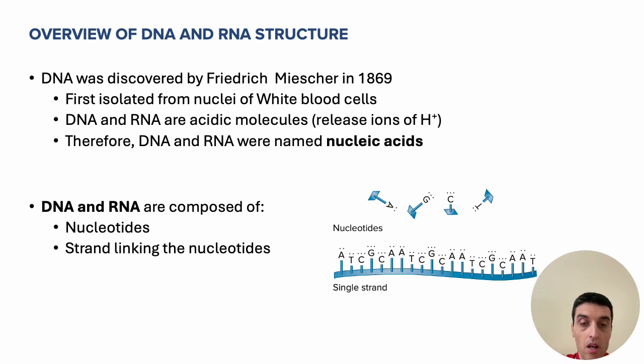So both DNA and RNA have nucleotides that carry these 4 bits of information, and these nucleotides are linked together in a strand of nucleotides. So those are the two things that they have in common. DNA and RNA have a similar structure, with nucleotides linked in a strand. Okay?